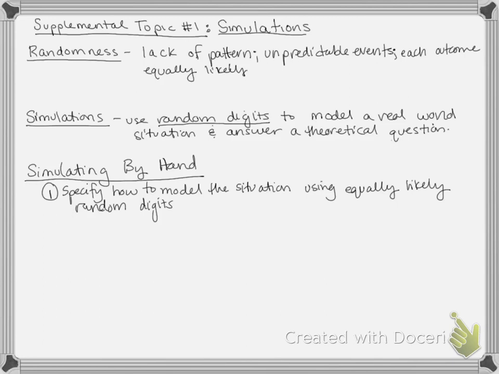So we would literally assign numbers to specific outcomes in a scenario, which I will explain on the next slide. Okay, and then explain how to model each trial. So each trial would be each time we simulate this event occurring, okay?